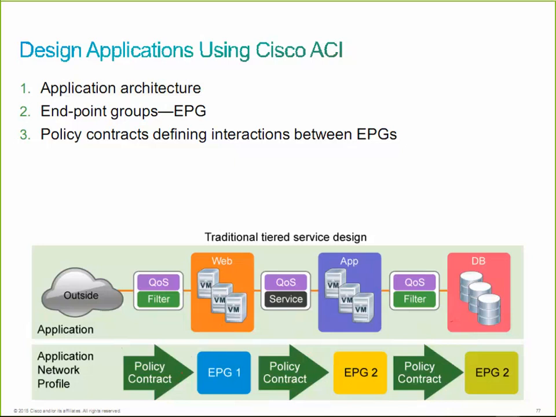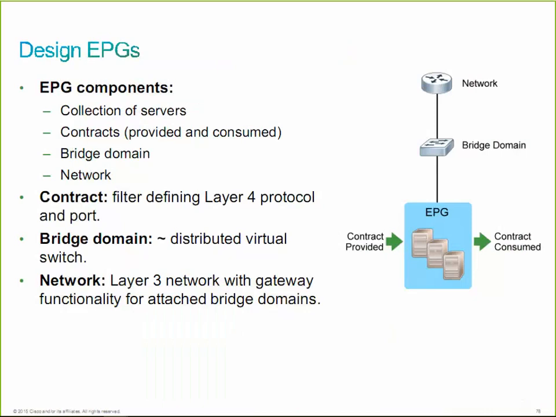When I'm designing EPGs, the ACI EPG provides a new model for mapping applications to the network. Instead of using standard forwarding constructs like addressing or VLANs to apply our connectivity and policies, EPGs use a grouping of application endpoints.